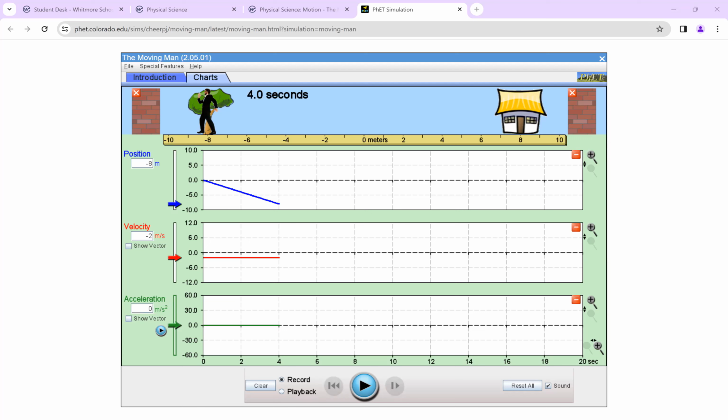Now I want you to look at the slope here, or this line right here. How does this compare to when we went to the house? When we went to the house, it took him also 4 seconds, did it not? Yeah, but we're talking about the slope of... let me show you, let me get the guy back to the origin.